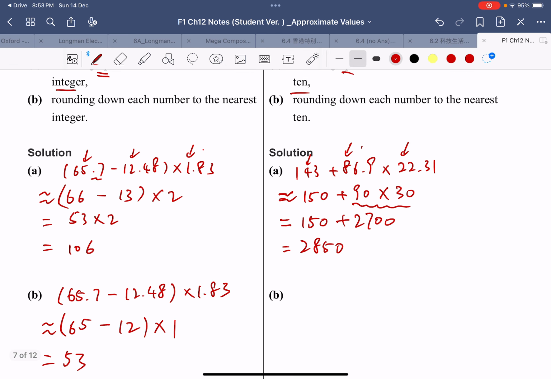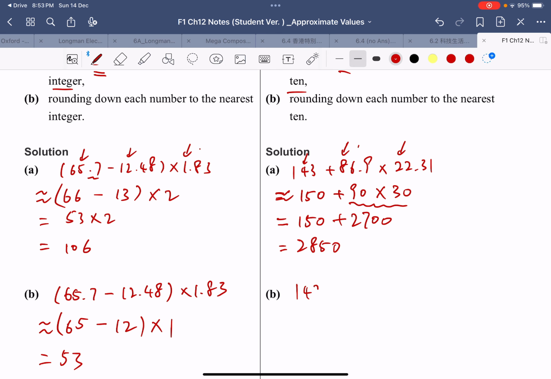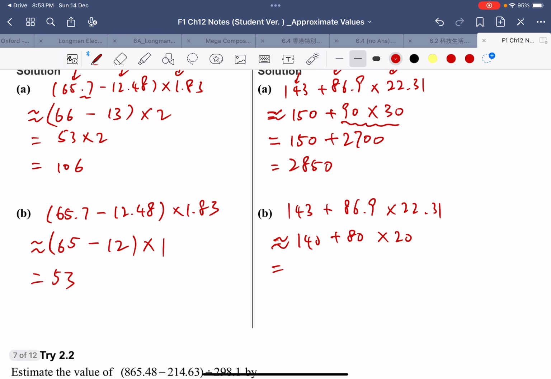Got it? Copy. Round down, nearest 10. 140, leave out the 3, plus 80 times 20. Do this part first. And then get the final answer.